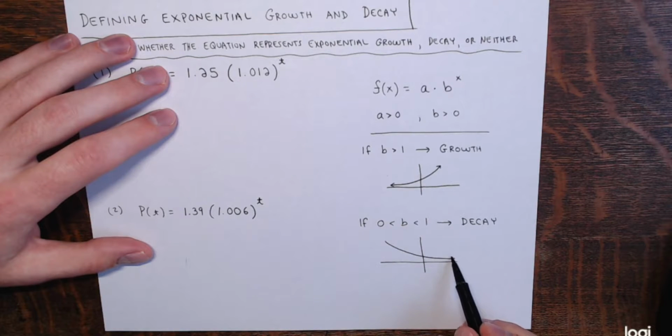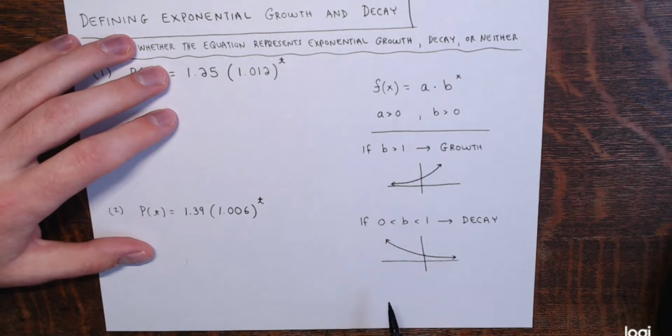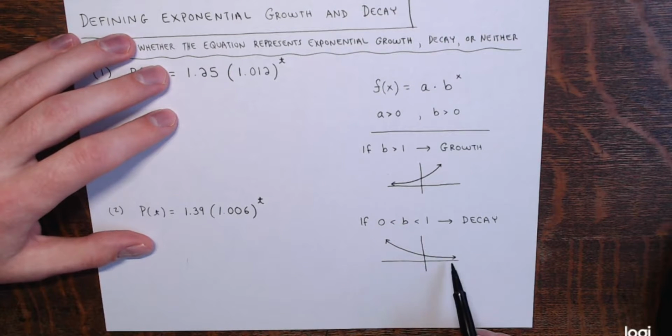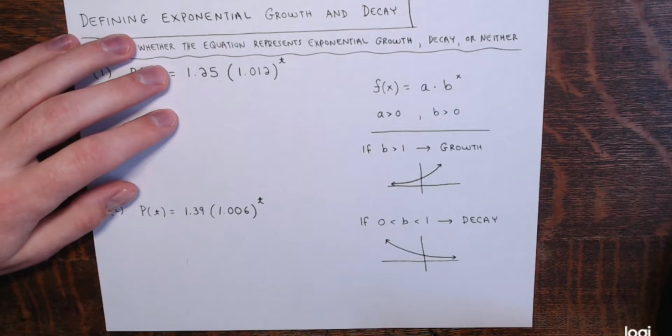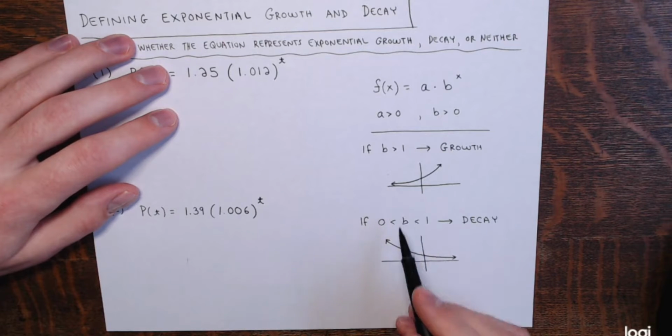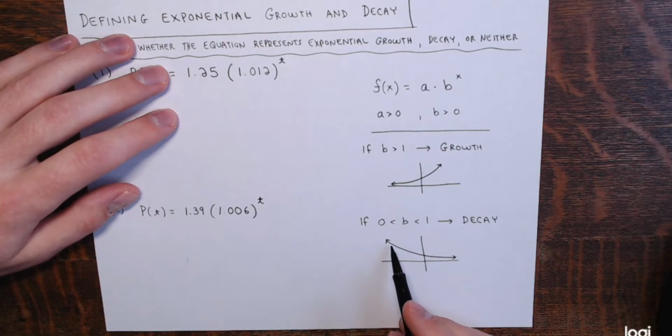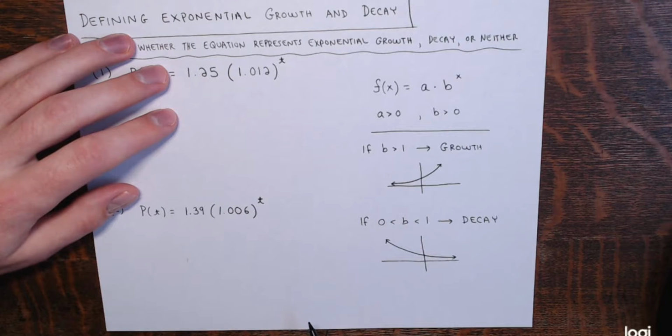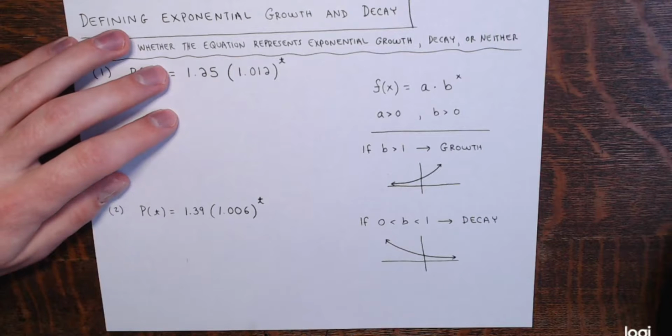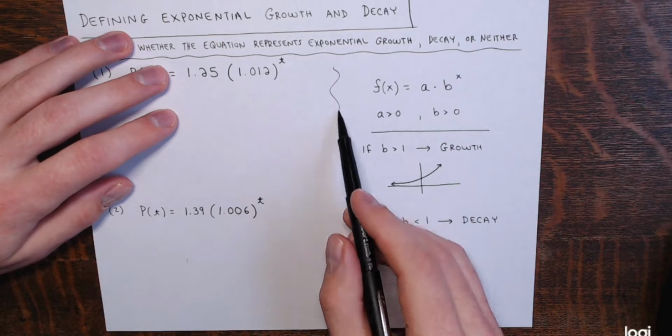So it still has all the same properties of an exponential function. Domain is all real numbers, the range is all positive numbers. Horizontal asymptote is the x-axis, so the graph will be approaching that to the right end this time though instead of the left end. And it's a decreasing function in this case. As x increases, the value of the output decreases. Right. So that's what we're looking at.